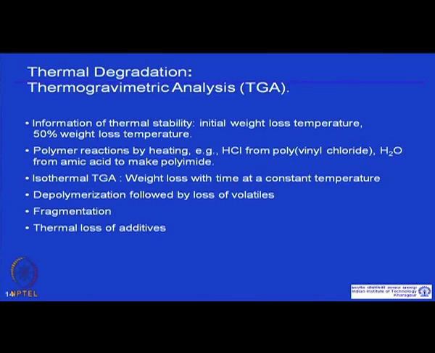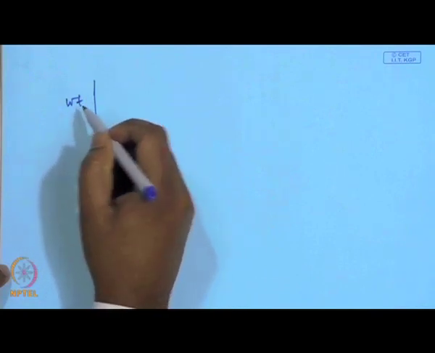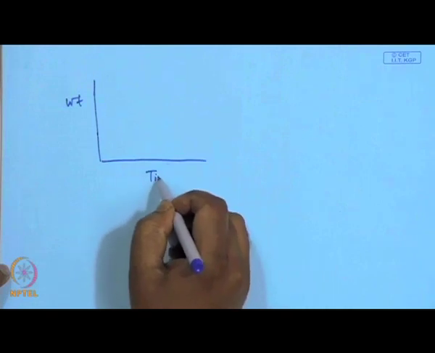So, to find out the inherent thermal degradation behavior, thermogravimetric analysis is done, which is in short called TGA. Now, TGA is basically a plot of weight or mass, to be precise, versus temperature.